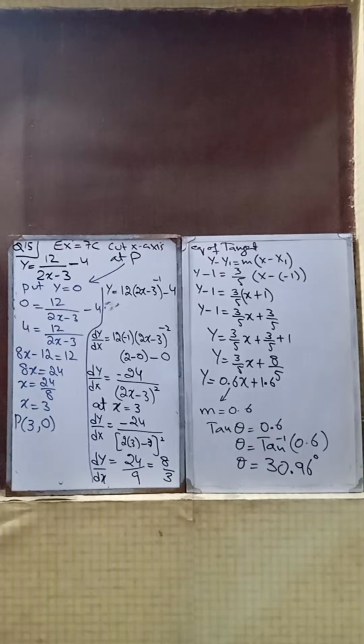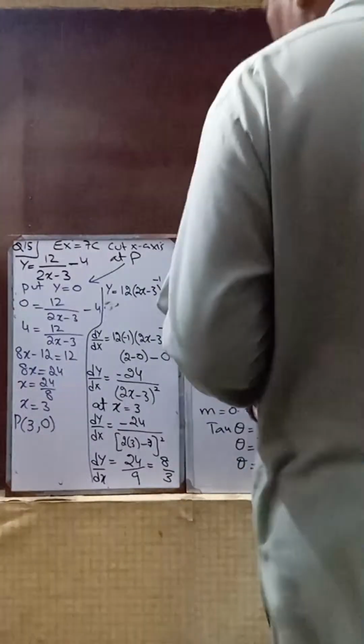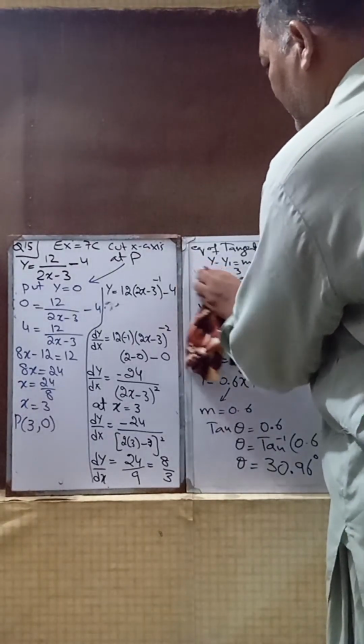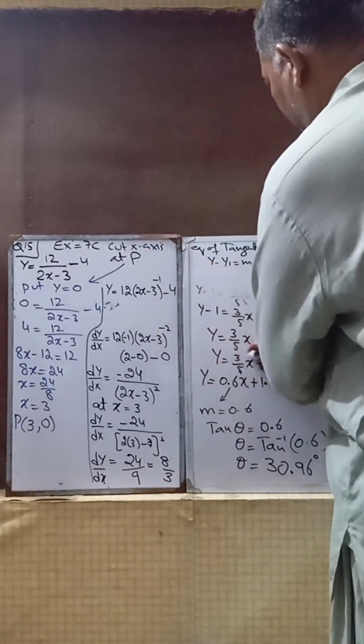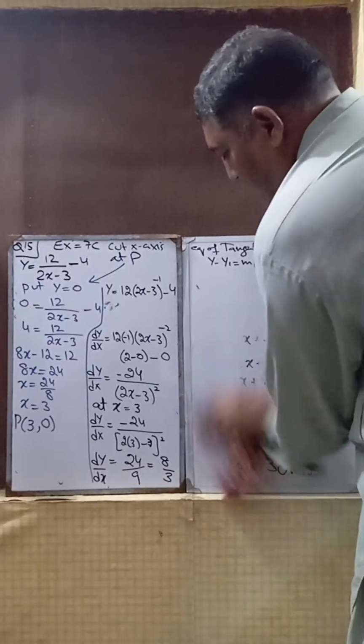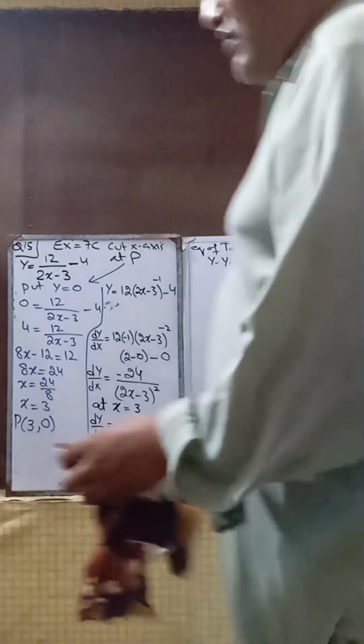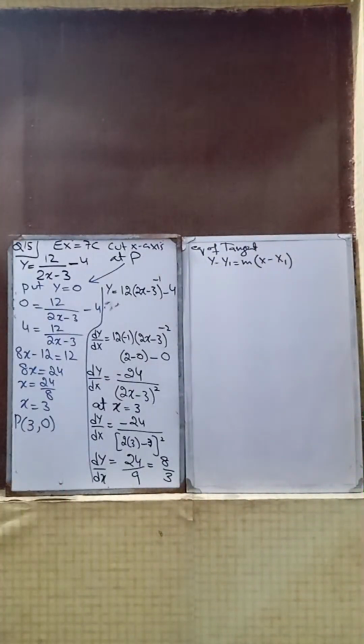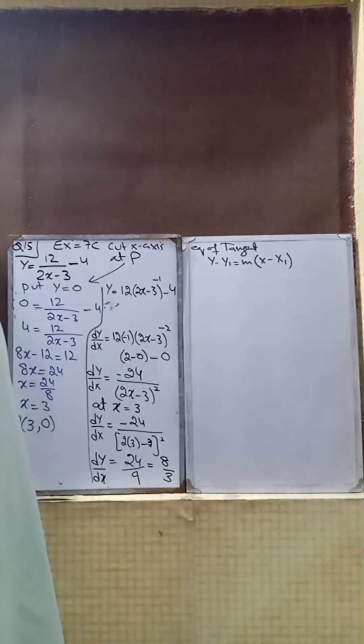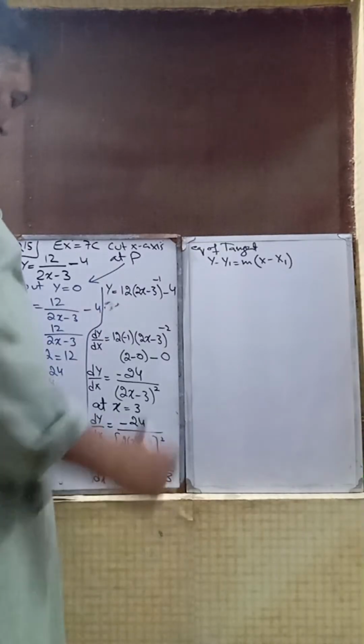Now I can find the equation of the tangent. The equation of the tangent at the point P is y minus y1 equals m into x minus x1. The point is 3, 0, and this is the gradient of that tangent.